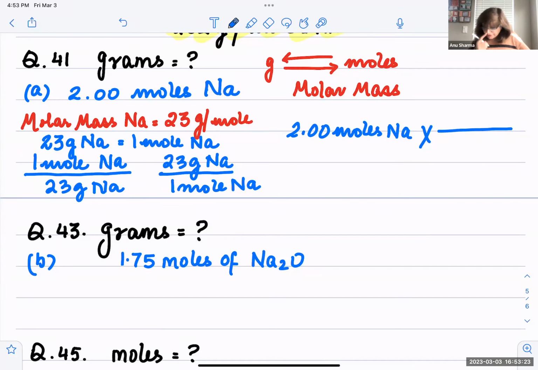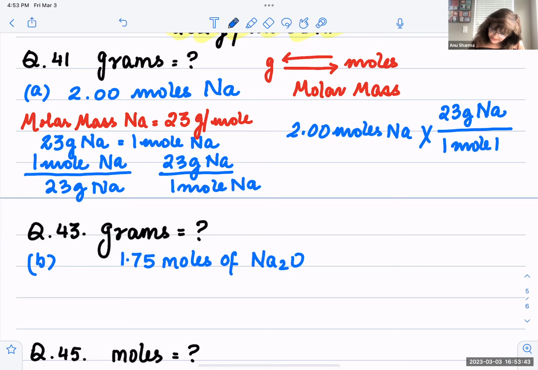Now we need to get rid of the moles, right? We need to find the grams. So you're going to put 23 grams, the units that you need to find, on the top, and the units that you want to cancel out remain at the bottom. So here we have 1 mole of sodium.